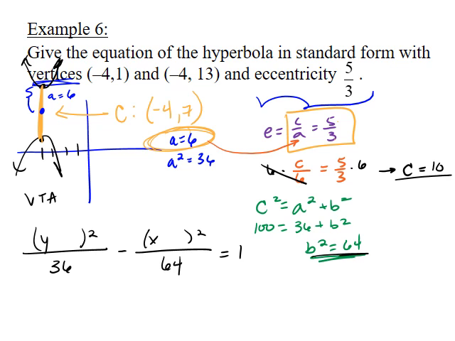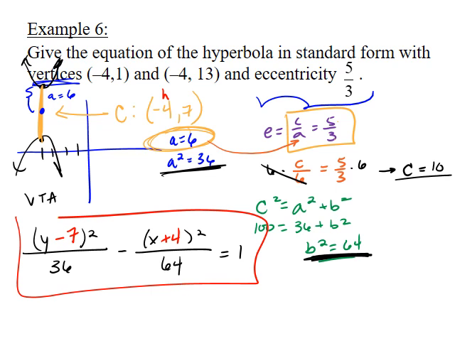Notice once again that B squared is bigger than A squared in this case, which is okay. My center is -4, 7. I want to make sure 4 goes with the x and 7 goes with the y. Be careful of the signs, -7 and +4. There is my equation.